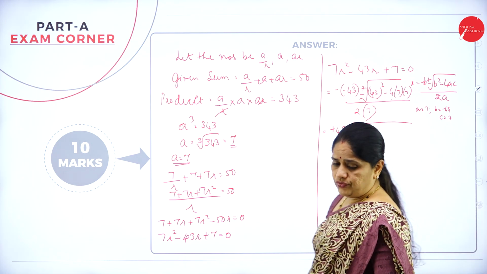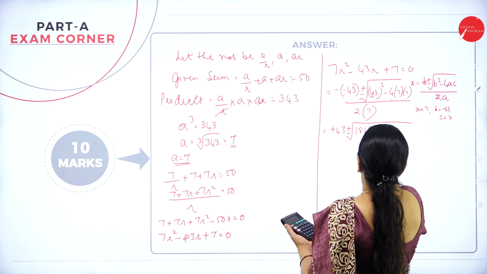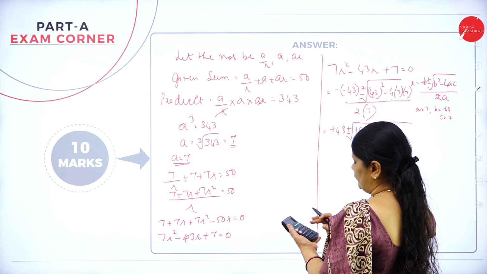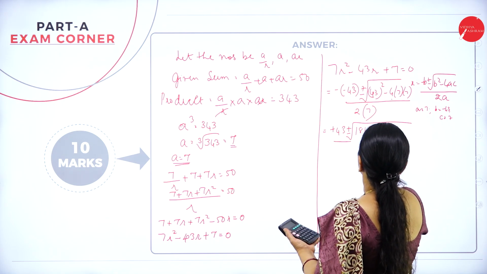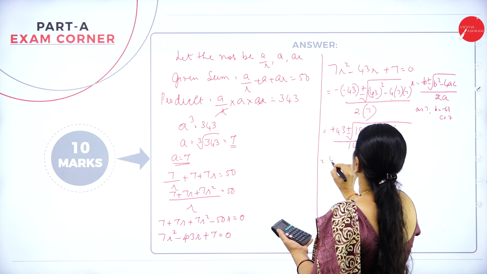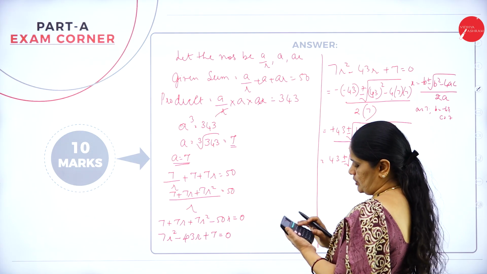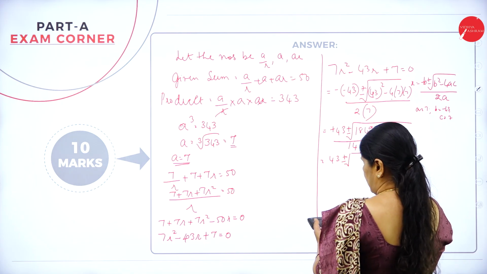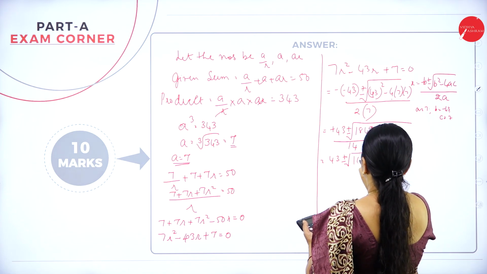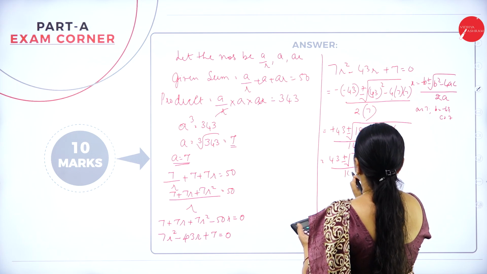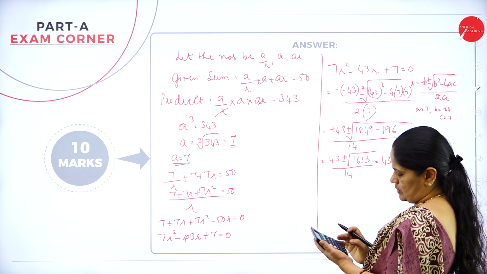So, 43 into 43, this will be equal to 1849 minus 4 into 49, 196 whole over 14. So, this will be 43 plus or minus root of 1849 minus 196, root of 1653 divided by 14.